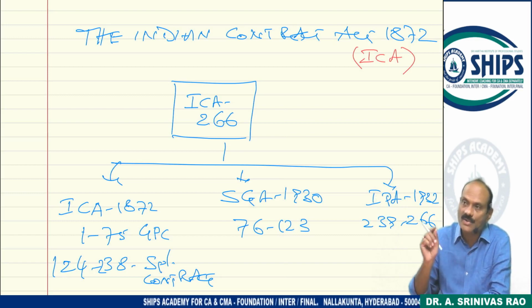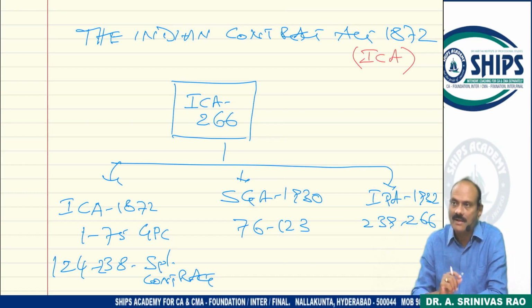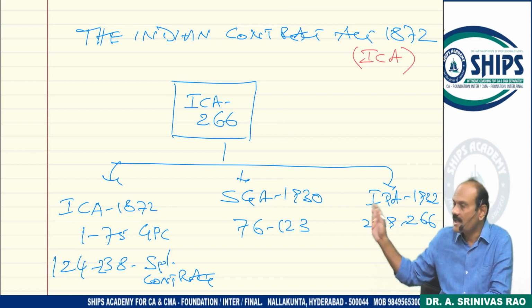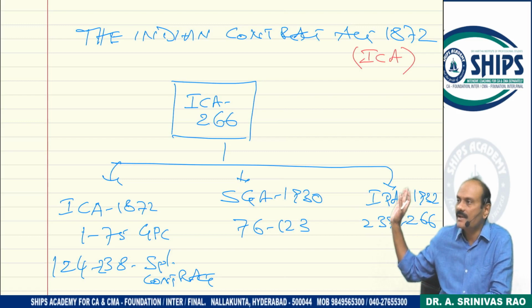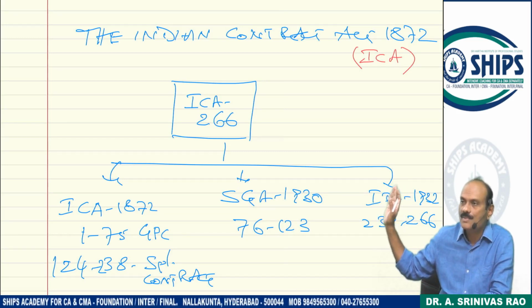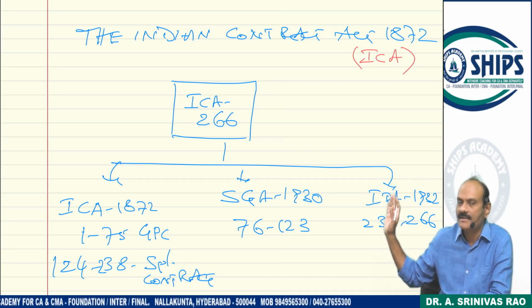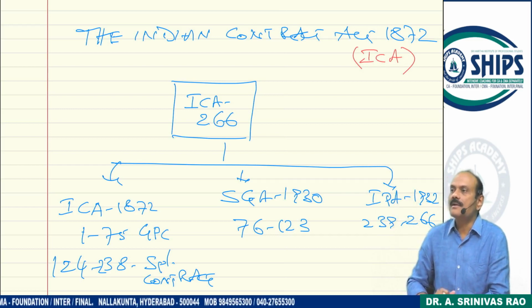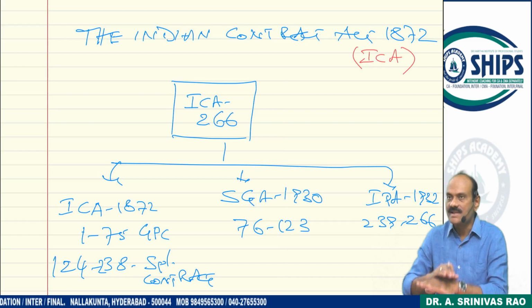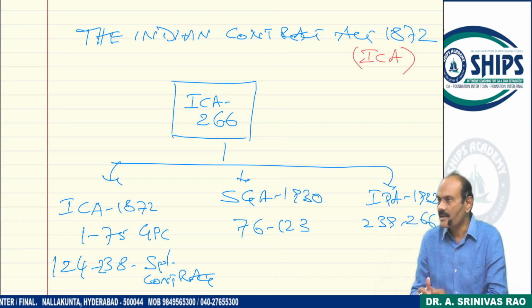And again 124 to 238 of the Contract Act remains in the Indian Contract Act as special contracts. And finally 239 to 266 of the Contract Act is transferred to the Indian Partnership Act 1932. So this is the sections arrangement of the Indian Contract Act.